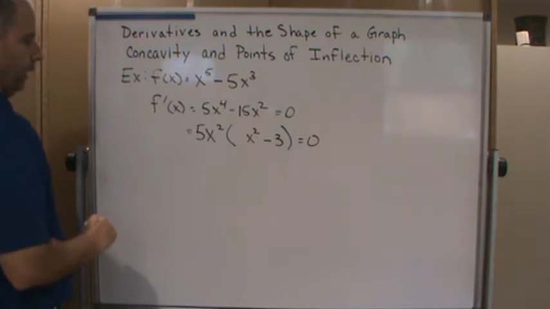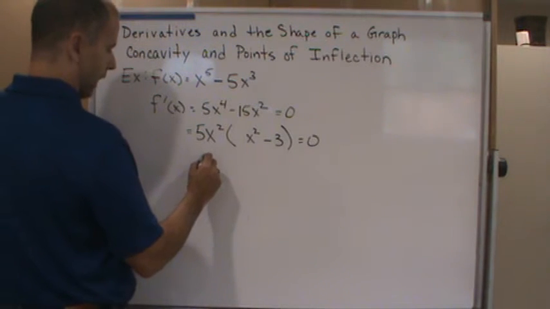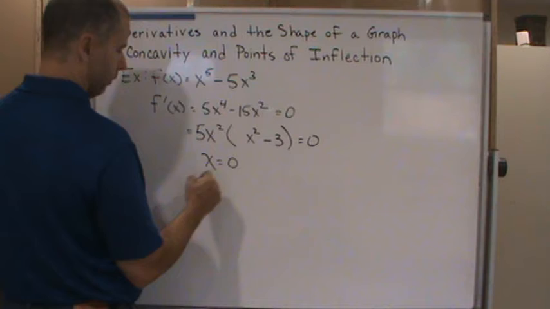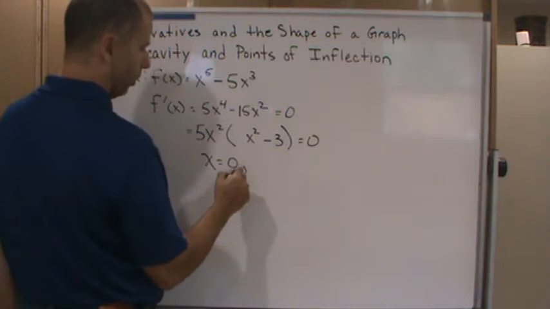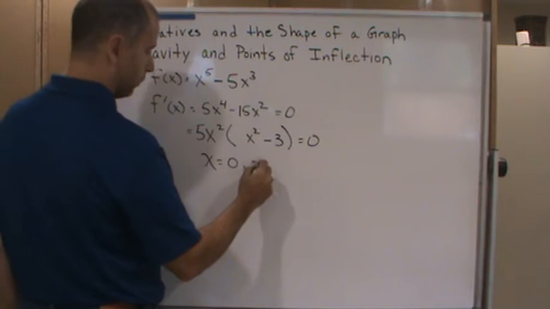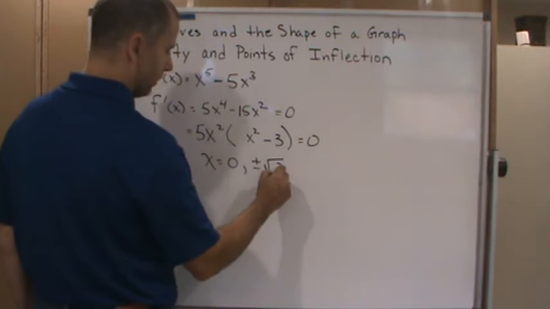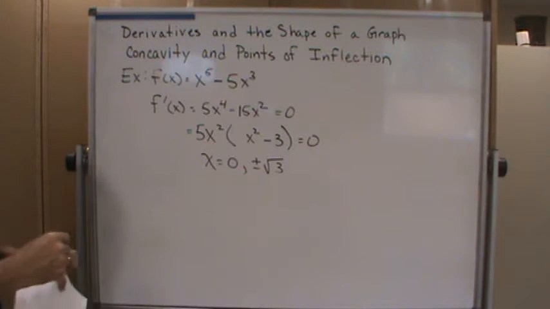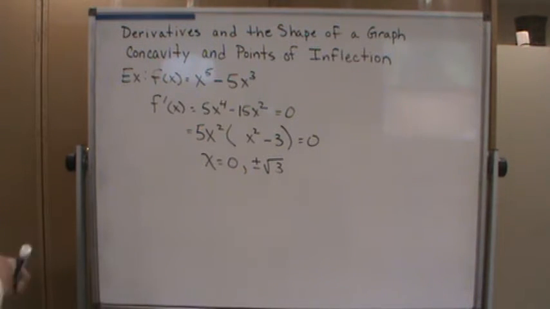Okay? And so now the critical values happen when x is equal to 0, or when x is equal to plus or minus the square root of 3. So those are the critical values.